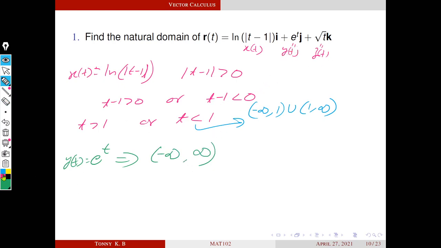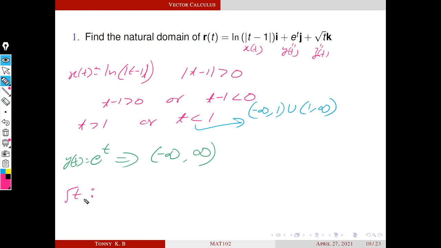Similarly, we have to find the natural domain of root t. So we consider square root of t. And what about its domain? We know that the square root function exists only for non-negative values of t. Clear? So we consider only the real case. If t is negative, this becomes complex numbers.